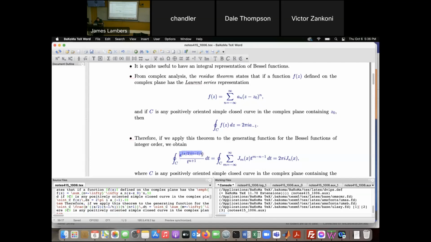Because this exponential by itself has this series, with m going from minus infinity to infinity, and that would include Jm times t to the m. But if I divide by t to the n plus 1, then that gets accounted for in here.